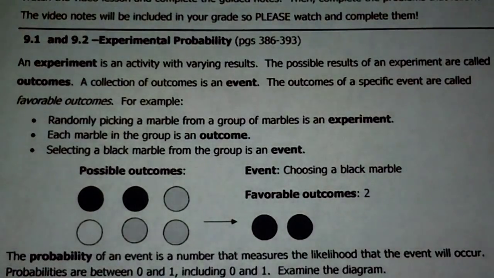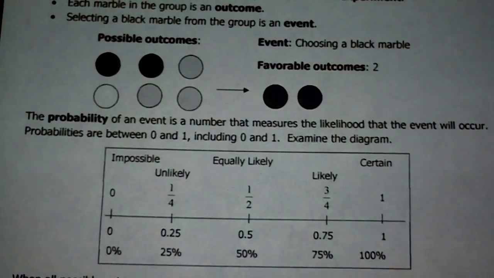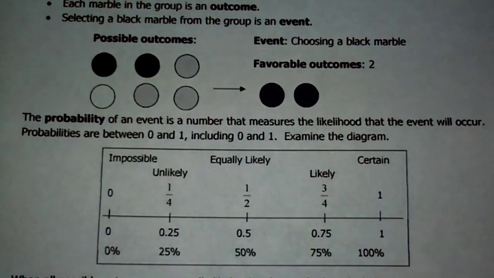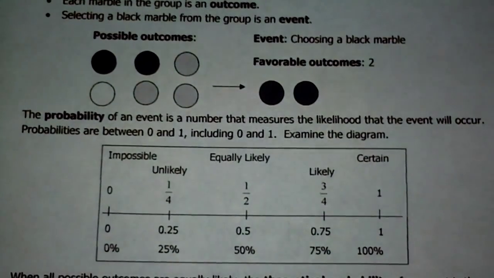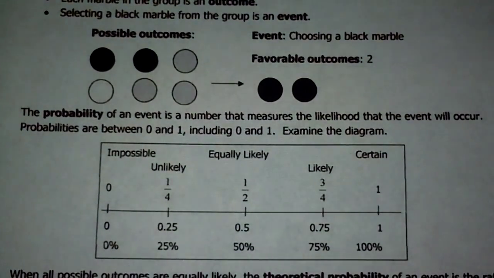Next, probability. The probability of an event is a number that measures the likelihood that the event will occur. Probabilities are between 0 and 1, including 0 and 1. Examine the diagram. Basically, you're going to tell me the probability of something happening, and your answer is going to be written as a ratio, as a fraction, and that fraction tells you the likelihood of that event happening.